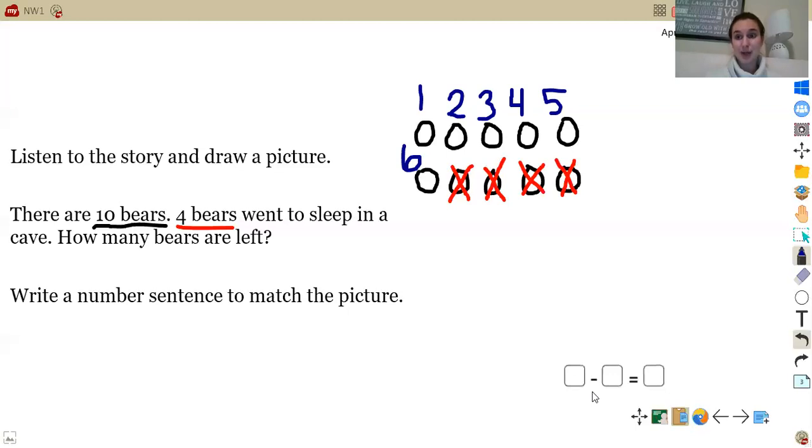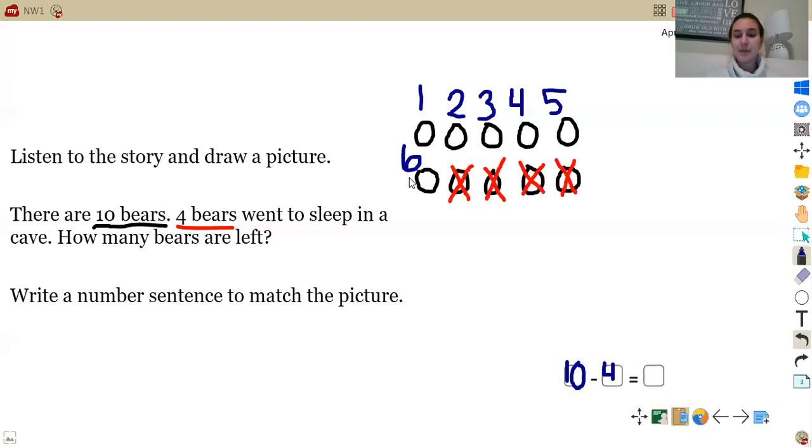Remember, it's a subtraction problem because we took the bears away. So our first box is always our biggest number, or our whole. And in our problem, we learned that there were 10 bears. So I'm going to write 10. 10 minus, remember I took away 4 bears because they went to sleep. So I'm going to write 4.